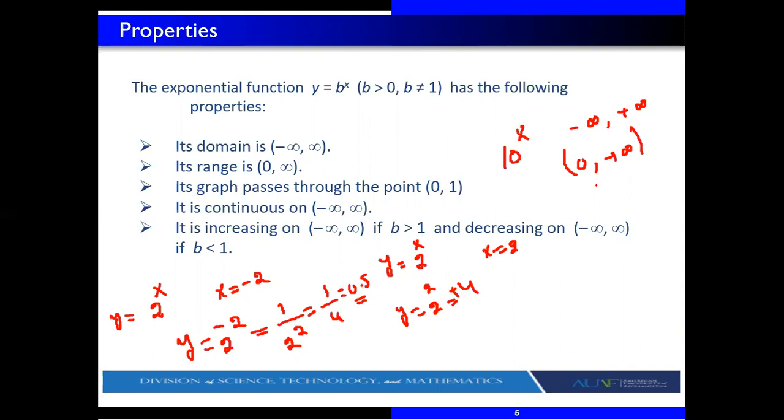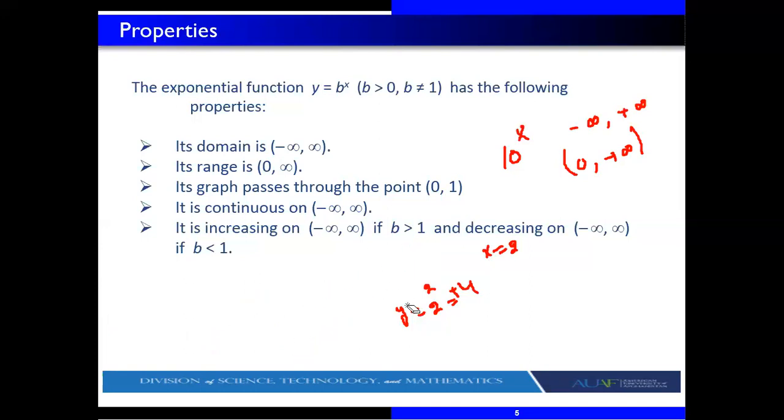What does this mean, passing through 0 and 1? Let me explain. For example, if we have a function like y is equal to 2 power x, or y is equal to e power x, both functions.